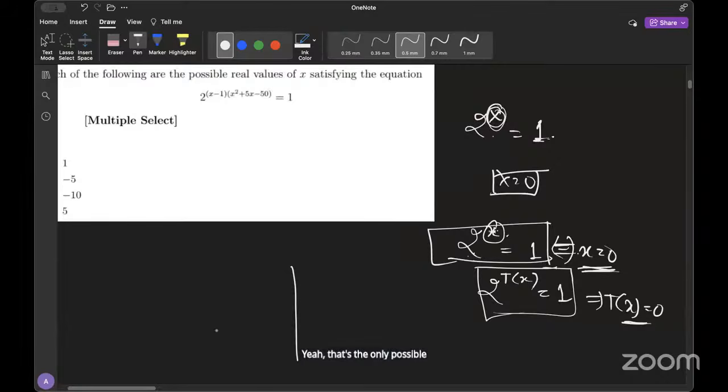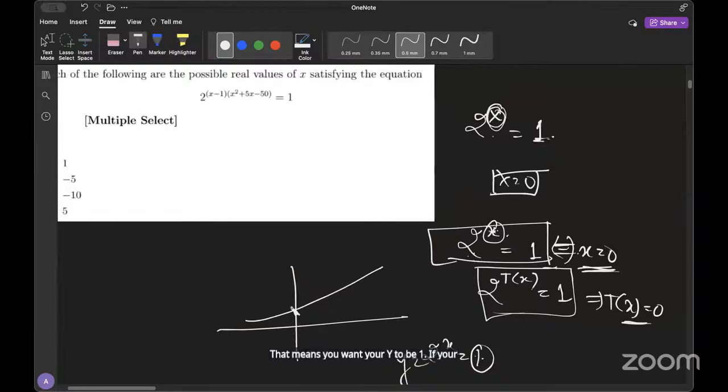If you look at the graph, it's like this. If you want 2 to the power x equals 1, that means you want your y to be 1, and your y is 1 here. So the only possibility is x being 0. That's the only point where you will see this exponential curve intersecting.